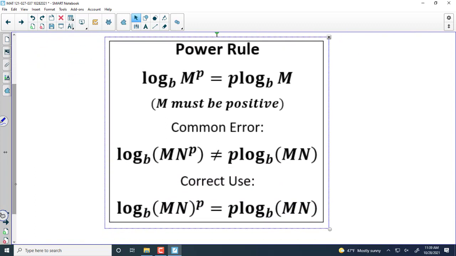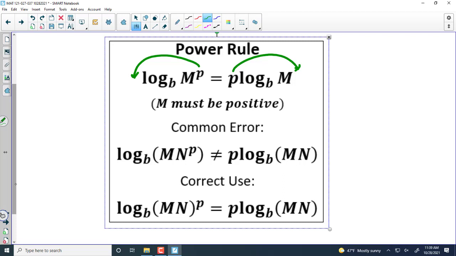Power rule. Log base b of m to the pth power is equal to p times log base b of m. Another way of thinking of that, everyone, is that this power can drop down in front, or it can move up there, like that. You can move that number around, either as the power on the thing you're taking the logarithm of, or the multiplier in front.